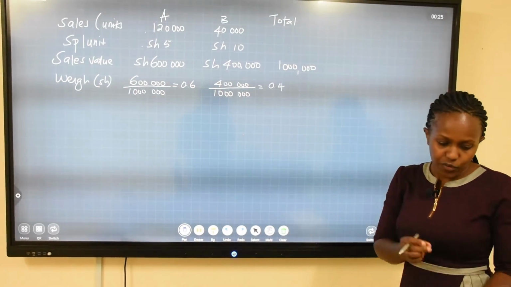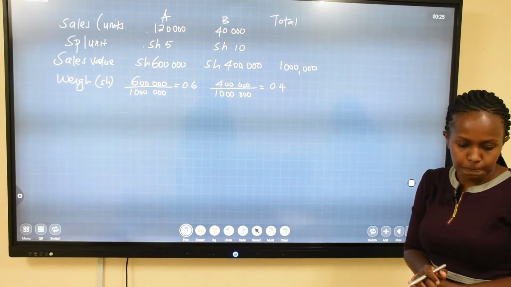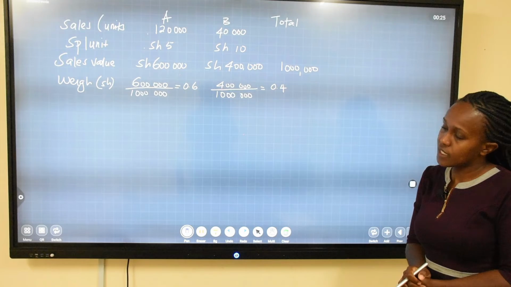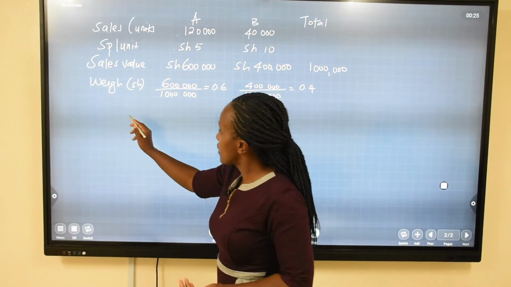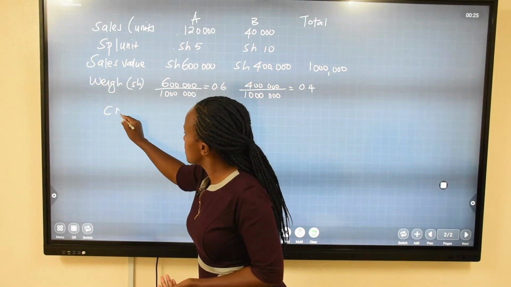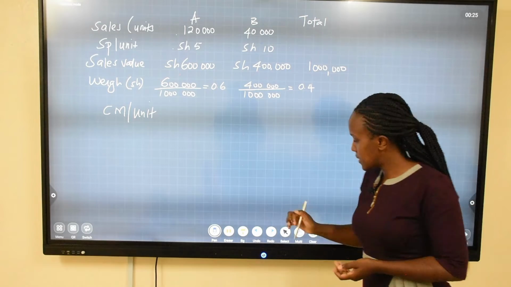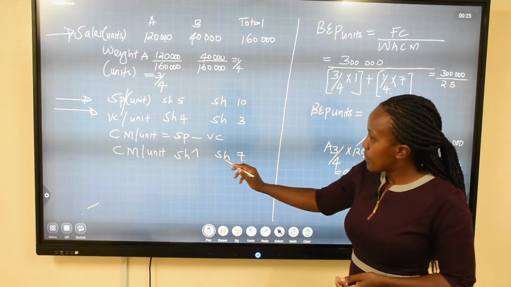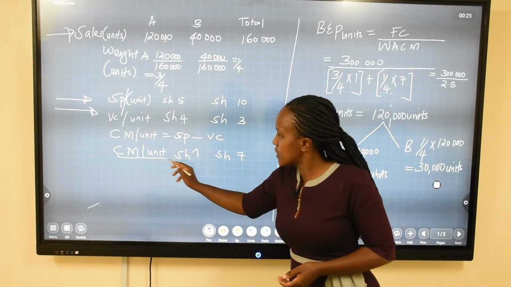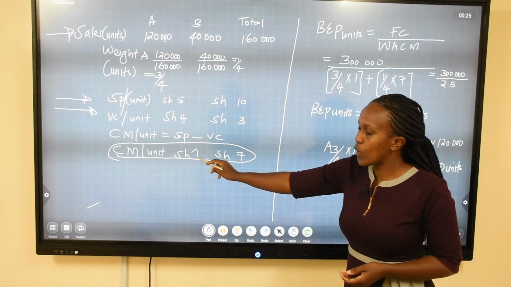Now the weight in terms of sales value is different from what we had as the weight in form of units. But the rest of the information is the same, because here the contribution margin per unit remains the same, as what we had here, whereby the contribution margin per unit was shillings 1.